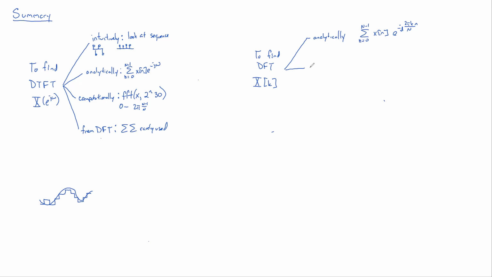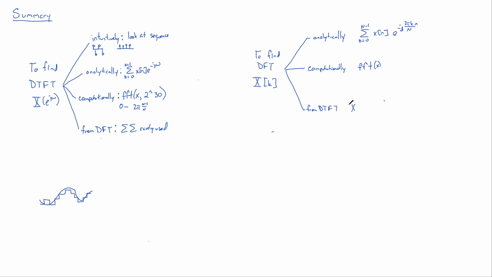We talked about how to find it computationally. And that's using the FFT algorithm. And then the last is you can also derive it from the DTFT by just sampling it.